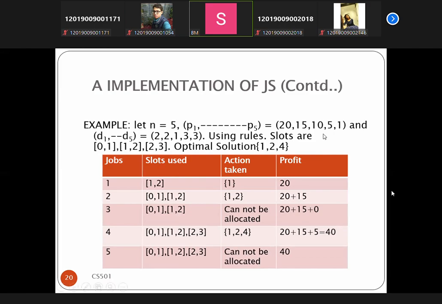So this is another example. If you want, you may try to solve it.